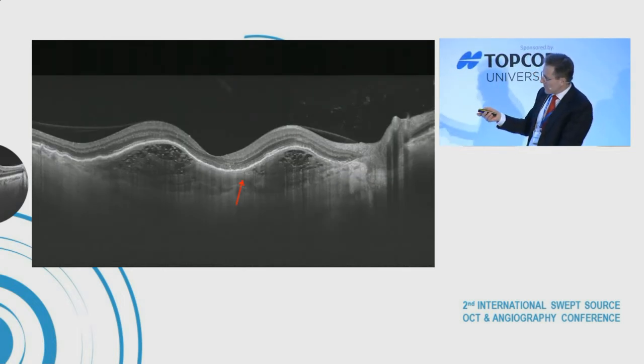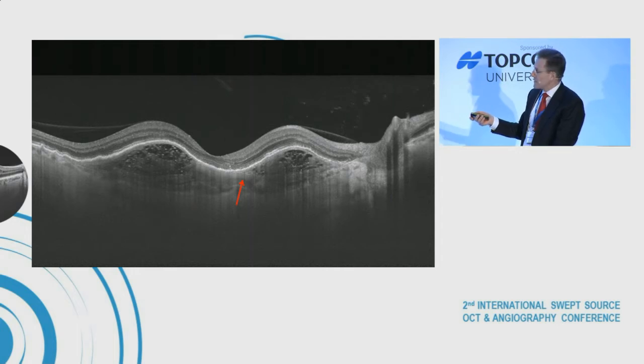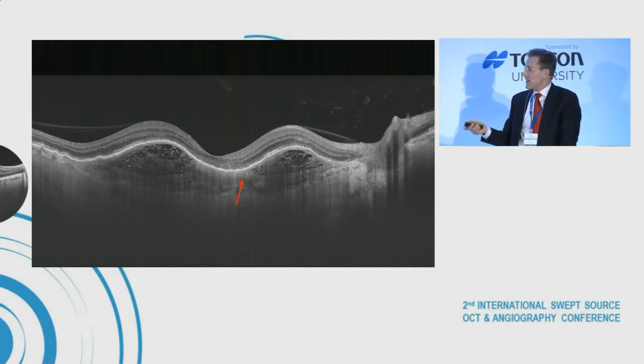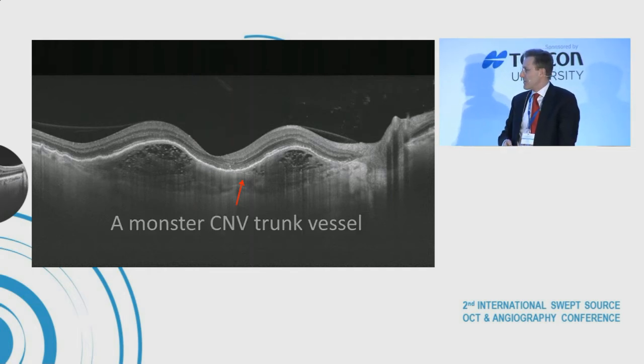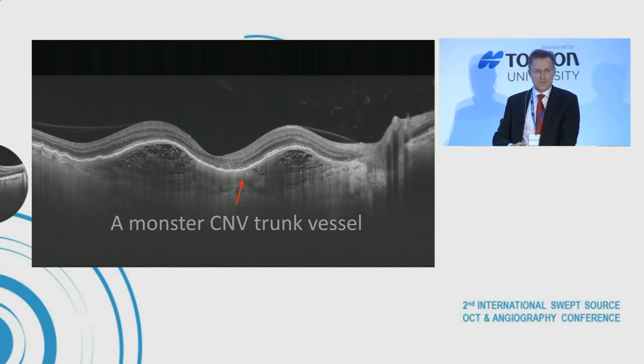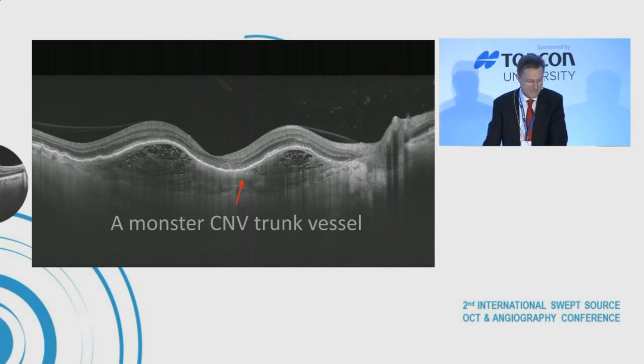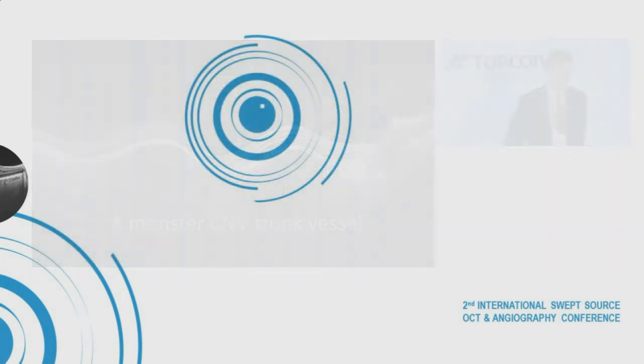So what the arrow is pointing at is a tri-layer signal from flowing blood from a monster choroidal neovascularization trunk vessel. And with this appetizer for OCTA and three-dimensional OCT, I will stop my presentation for today. Thank you.